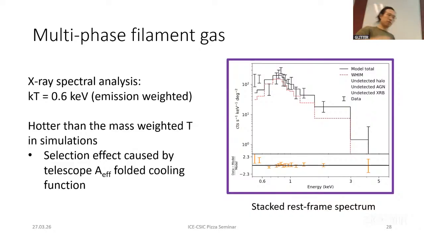By folding those, we can only probe hot gas higher than a certain temperature. Gas at 10 to the 6 Kelvin doesn't emit anything in our band.